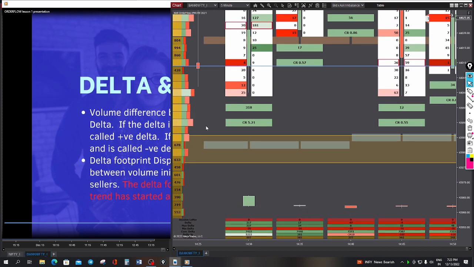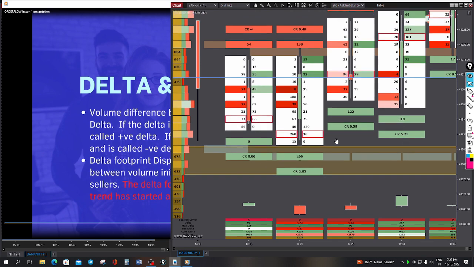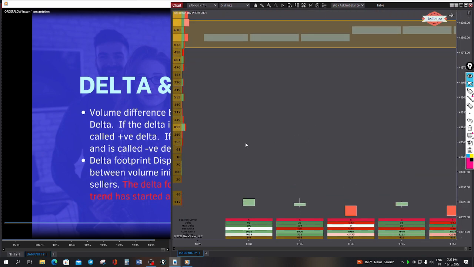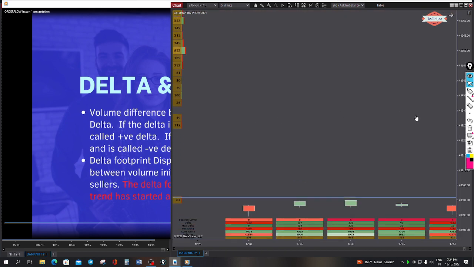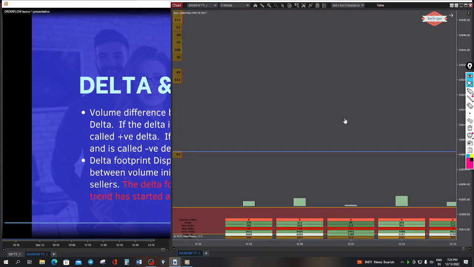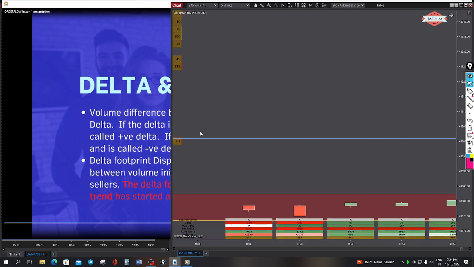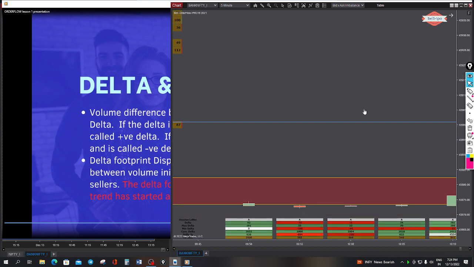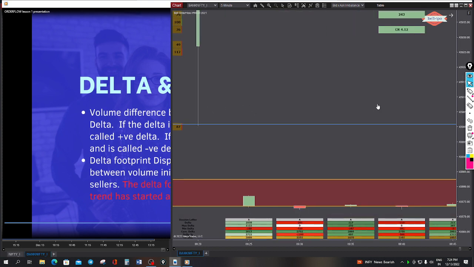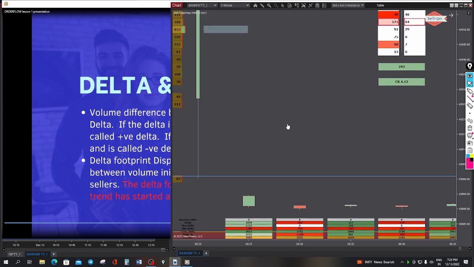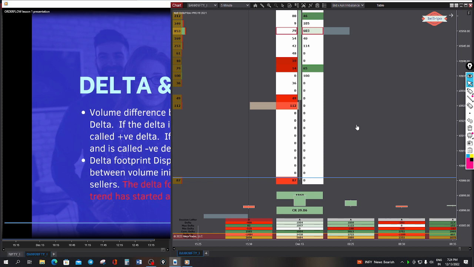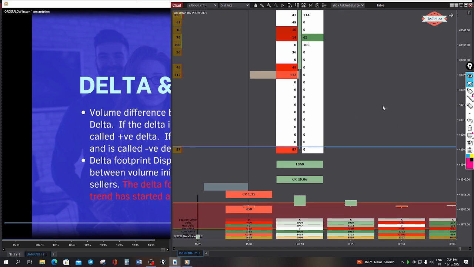I will try to show you one example in that. See, this is the first candle where the delta is 1954.